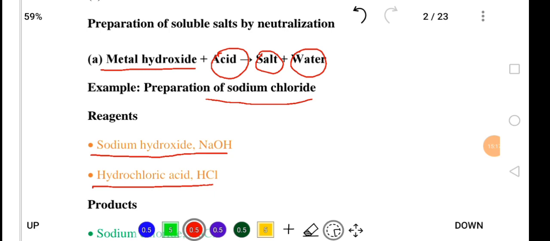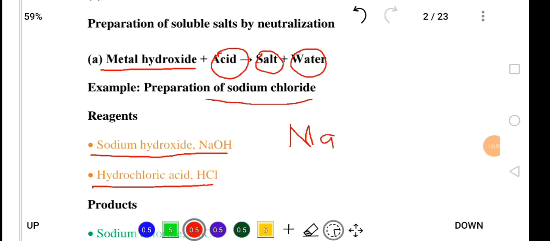First thing, you need to think of a base. So the possible base you are supposed to use, you need to look for a base which contains the metal sodium, because the salt we are preparing is sodium chloride, so the metallic part needs to give us sodium.